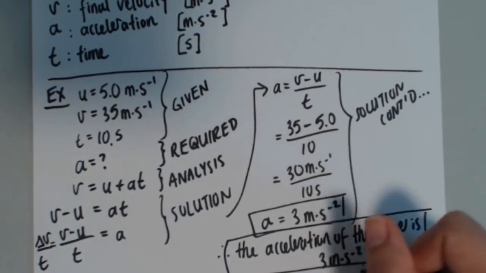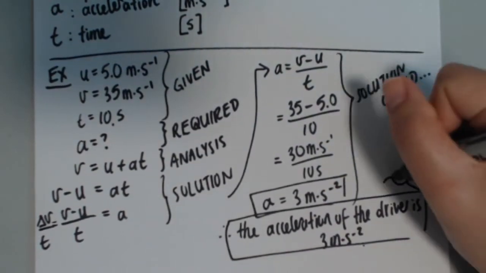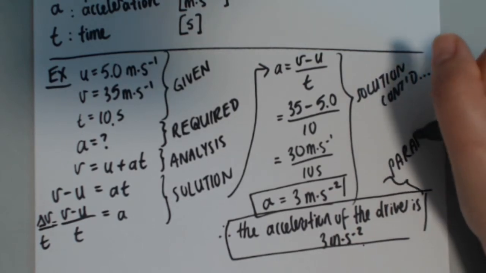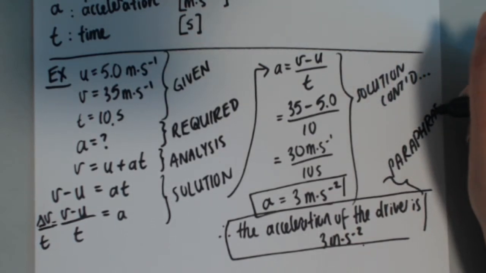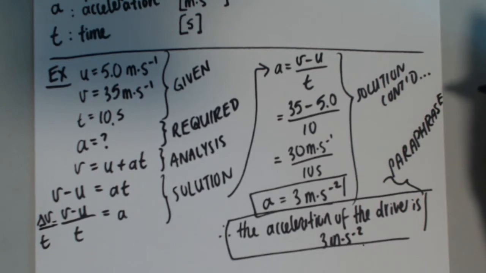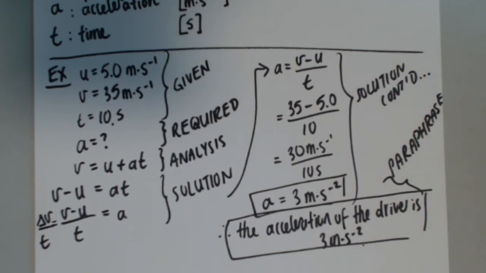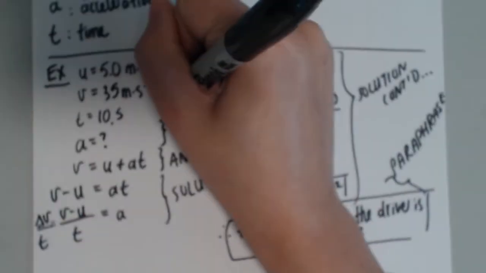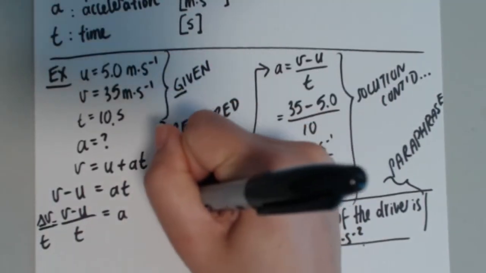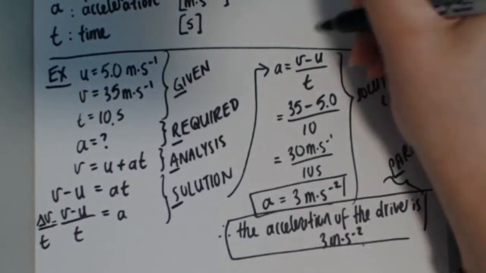Now this part we call paraphrase. What I'm trying to do right now is show you the proper algorithm for showing your work and successfully arriving at the final answer. So what I have essentially done here is I have solved this problem using something called the GRASP method. If you take the first letter of each of these words, it spells the word GRASP.